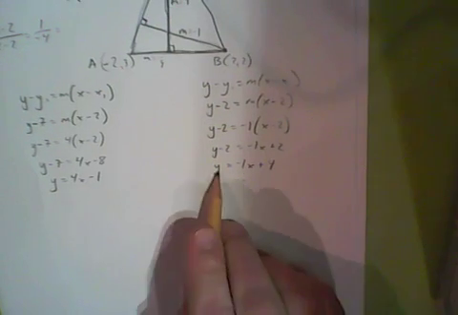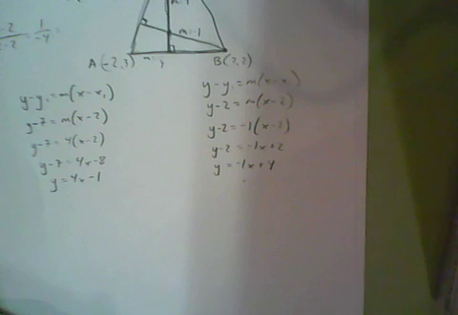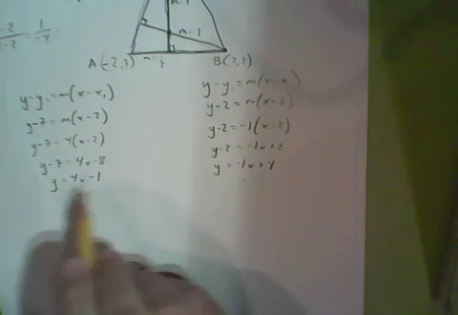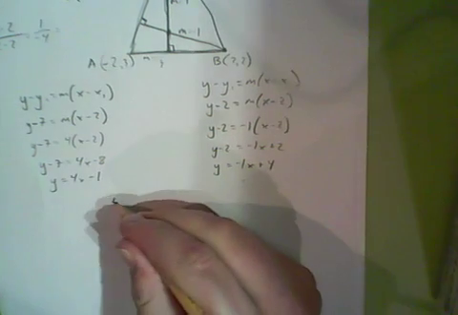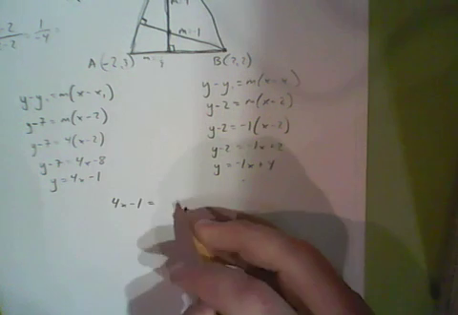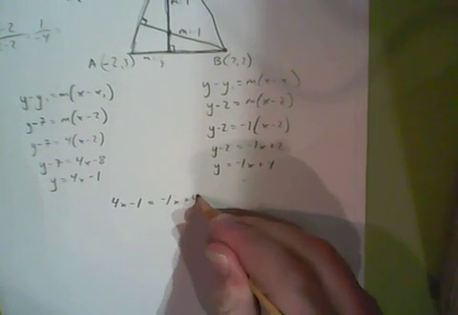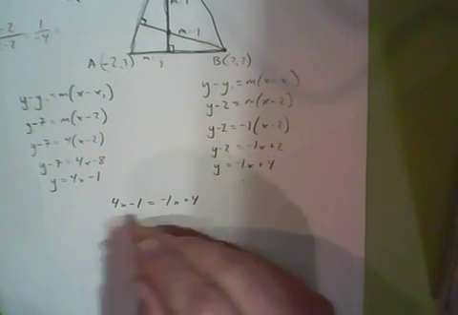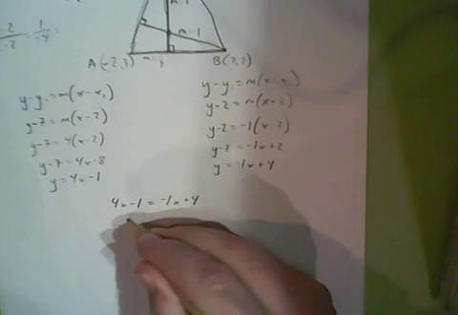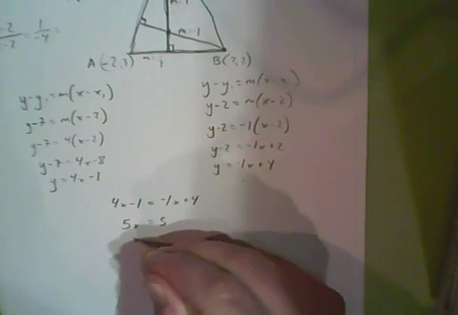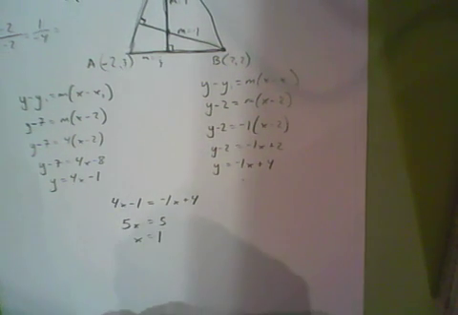Now, since I'm looking for that point where the altitudes cross, I know the x and y's are the same there. So this y is equal to that y, so I can set those two equations equal to one another. So 4x minus 1 is equal to -1x plus 4. Add 1x to both sides, add 1 to both sides, so I have 5x is equal to 5. Therefore, x is equal to 1.